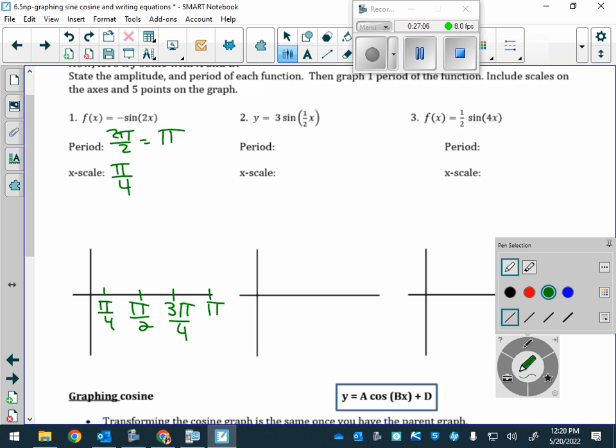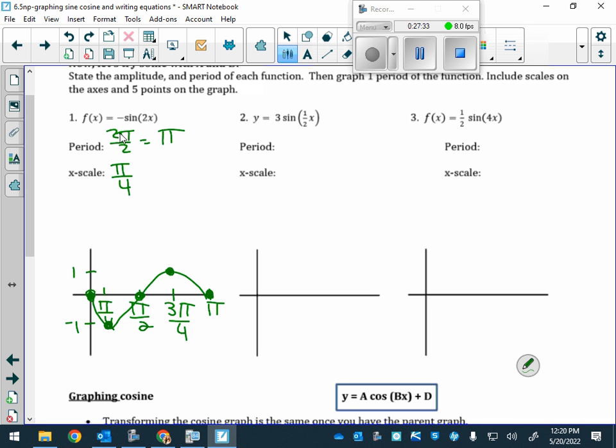What's our amplitude? 1, always positive, but what's the deal with that? It's reflected, so we're still starting where? Then where? Then where? Perfect, good. How many of you did get that? Perfect. Now number 3.